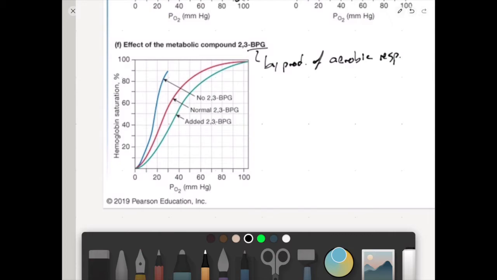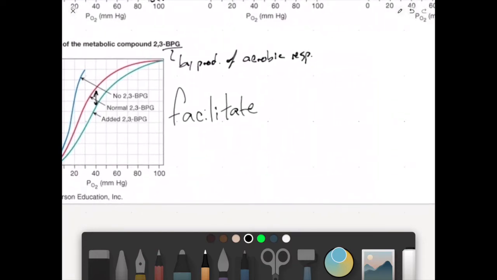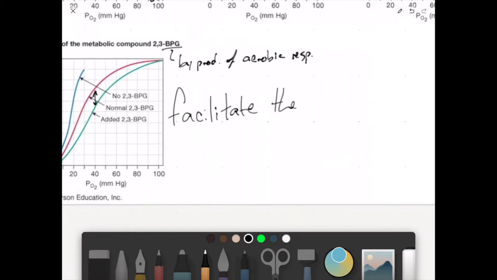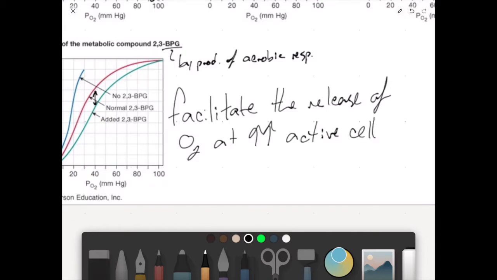And this decreases the affinity of hemoglobin for oxygen. So all of this, the important thing here is all of these graphs, they demonstrate how exercise can facilitate the release of oxygen at highly active cells.